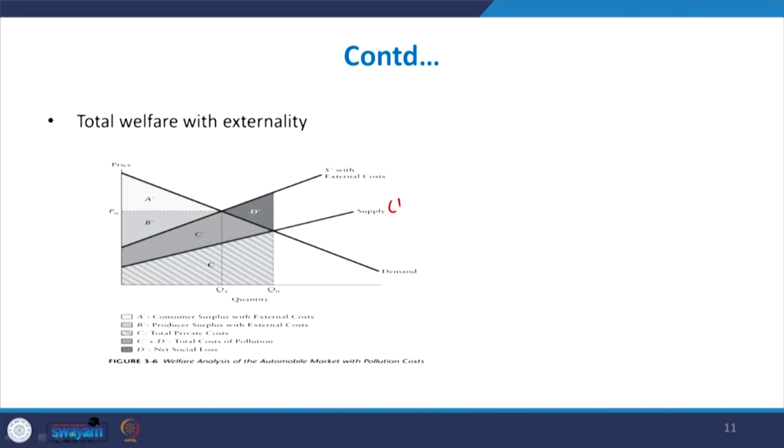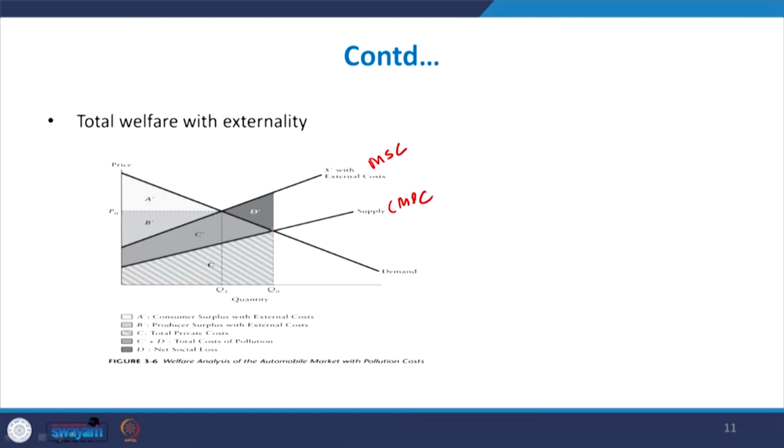Now, total welfare with externality. Again, as we have already discussed, when externality is taken into account or internalized, the supply curve will shift upward, and the new supply curve includes the external cost, or as we say, marginal private cost and marginal social cost.